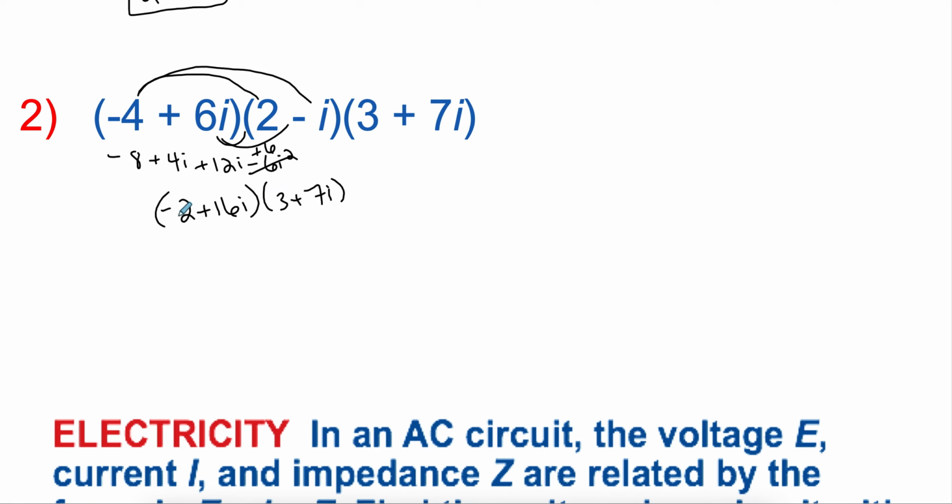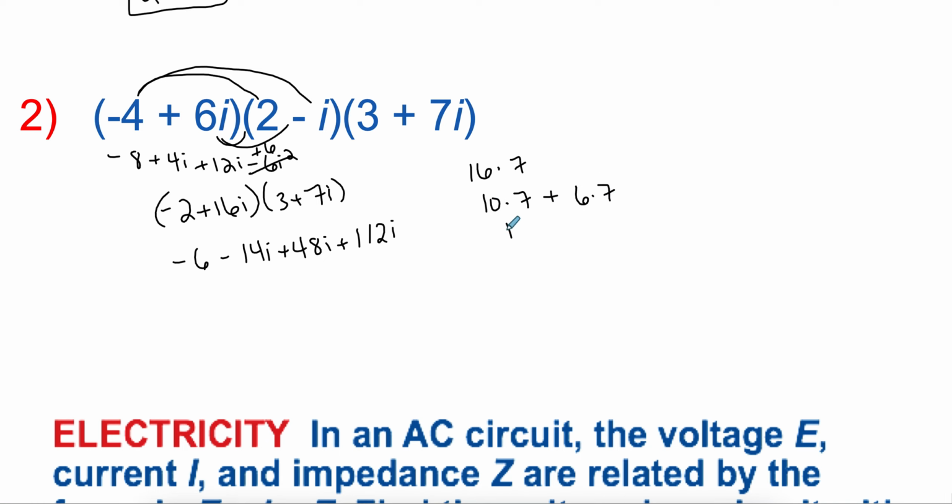So multiply the -2 through both of those. So -6 minus 14i. Multiply the 16 through both. Plus 48i. And then 16 times 7, 112i. All right, so remember your tricks. If you're doing 16 times 7, that's like 10 times 7 plus 6 times 7.